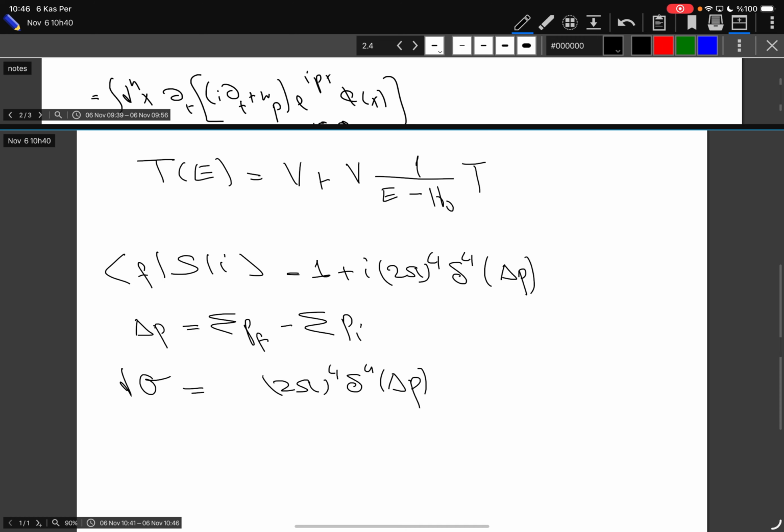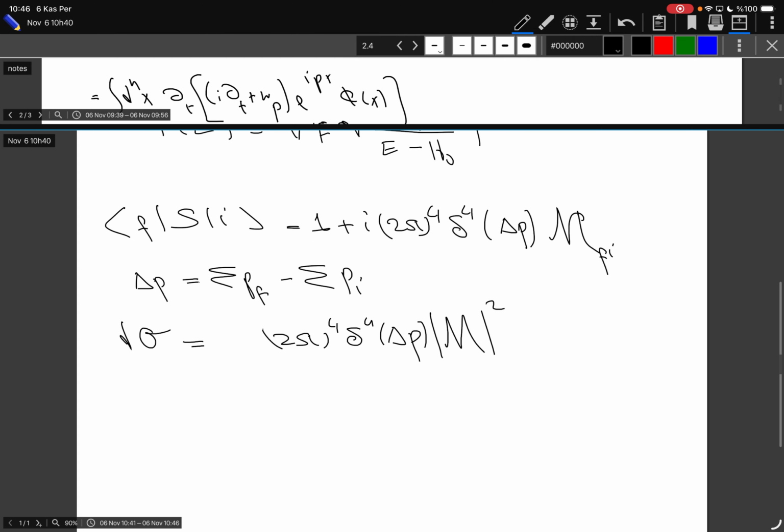Well, let me write this matrix element. Let me use a different symbol. We have M squared. That is basically the probability of a transition when you factor out the energy-momentum conservation. Well, the states that we have are usually not normalized to 1.